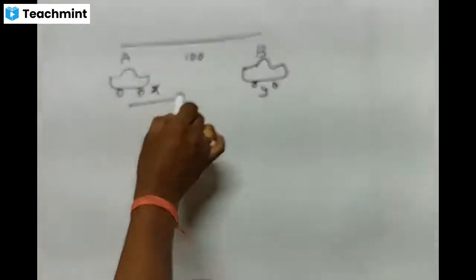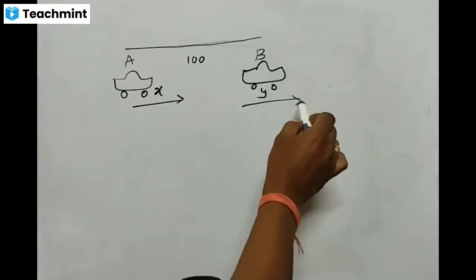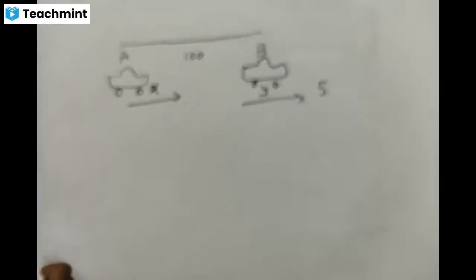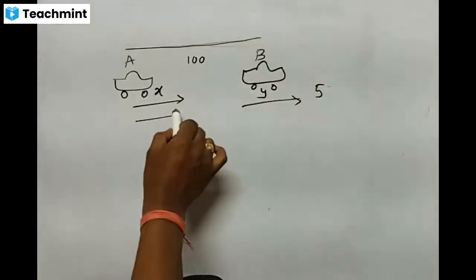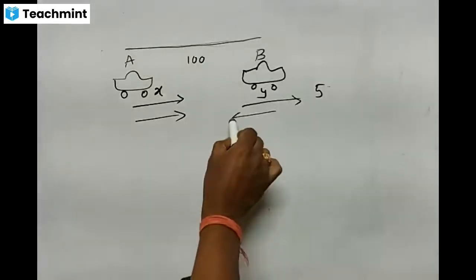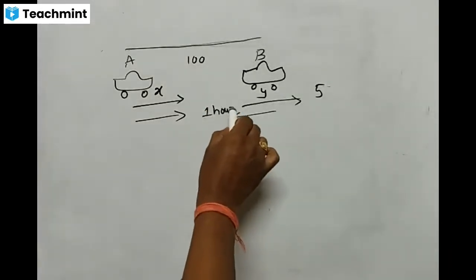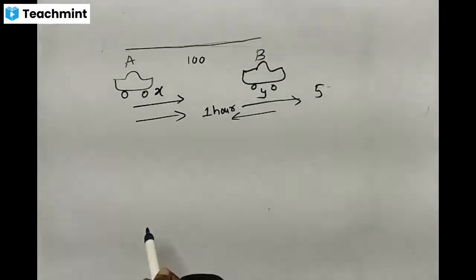So if car A and car B are both going in this direction, they meet after 5 hours. If they are coming in opposite directions, they meet after 1 hour. What are the speeds of the two cars? So this is the question.